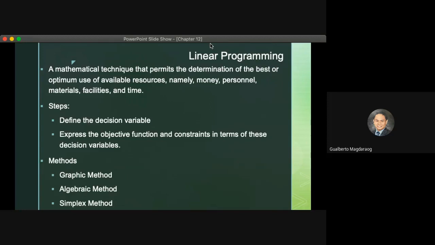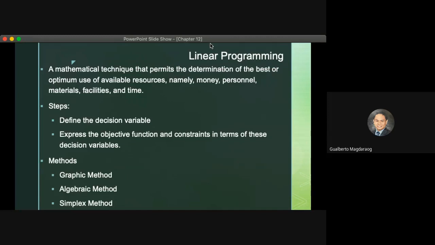Otherwise, magkakaroon siya ng mga slack or extra time na hindi nagamit or unused capacity. So we have to determine the number of units or hours that we need to spend so that we can maximize its use.